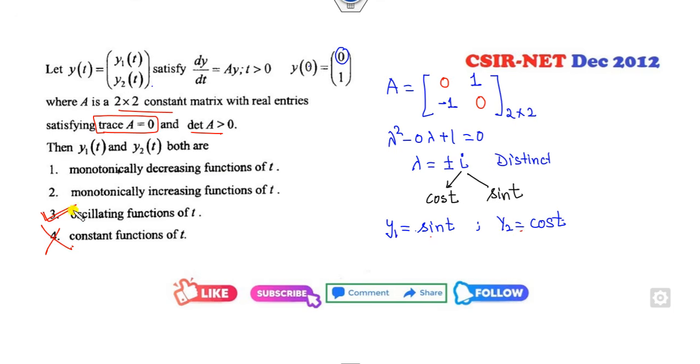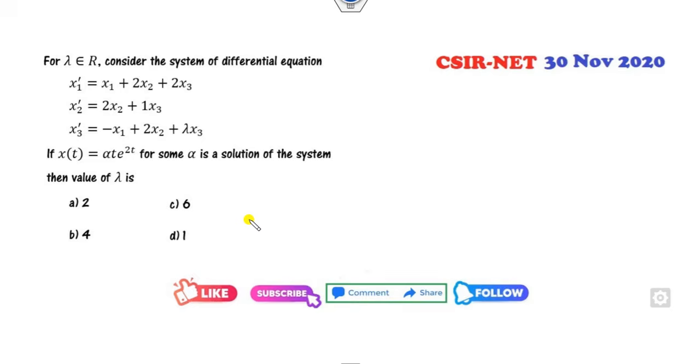Yes. Are they monotonically decreasing for all t greater than 0? No, because sin t is increasing from 0 to pi, while from pi to 2 pi it is decreasing. So it is not monotonic, not increasing and not decreasing. So the right answer is C.